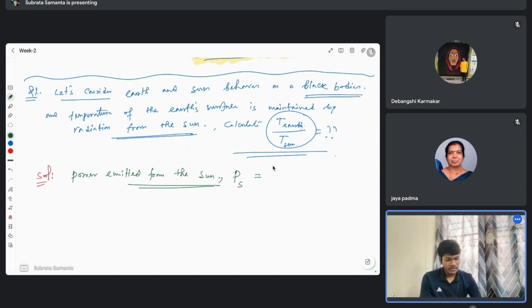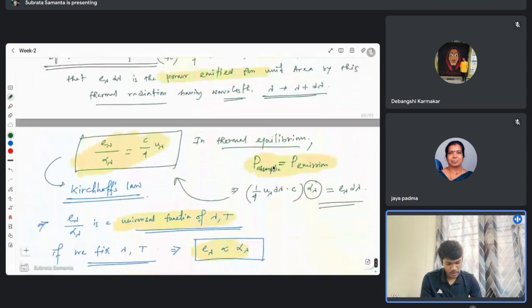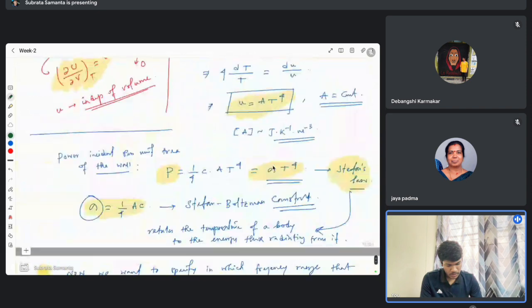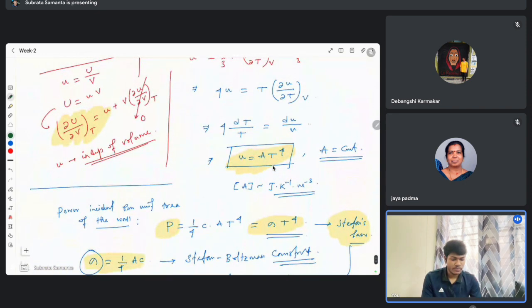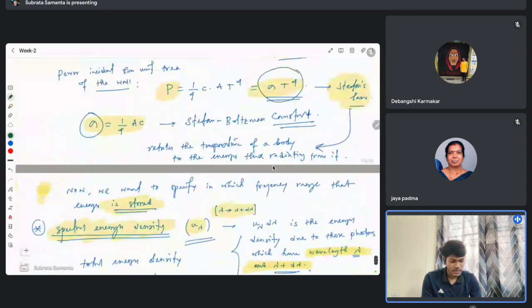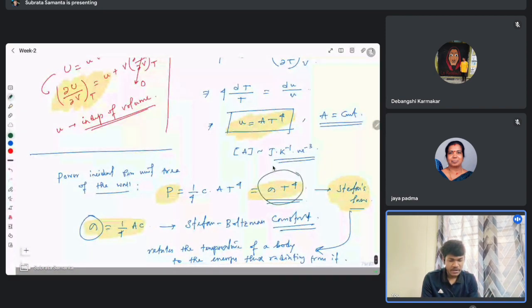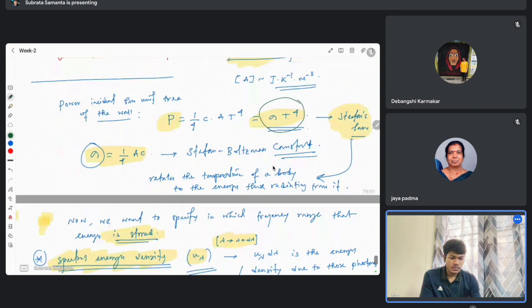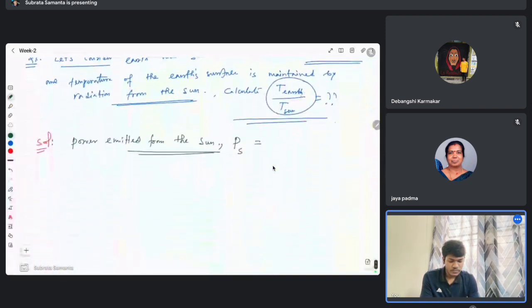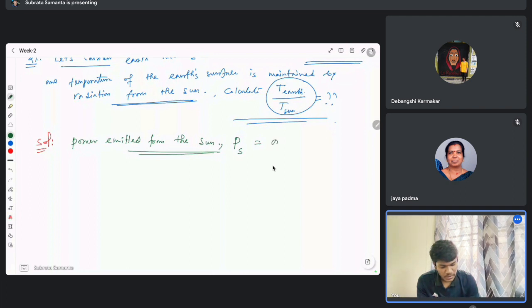What have we learned so far? The power per unit area is sigma T to the power 4, the Stefan-Boltzmann law. Remember, the power incident and emitted are equal, per unit area. So the power emitted from the Sun is sigma T sun to the power 4 times the area.